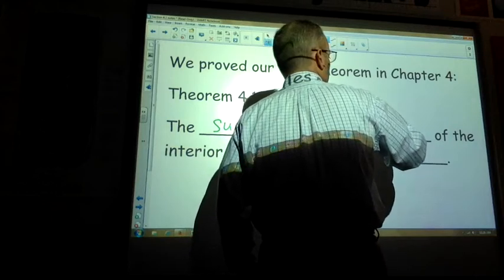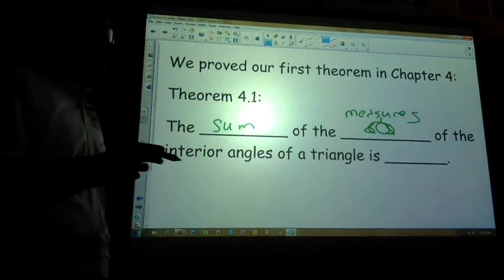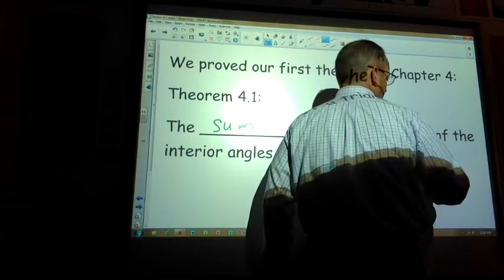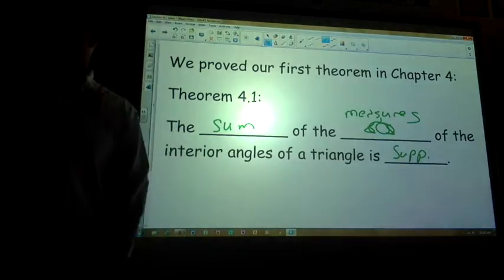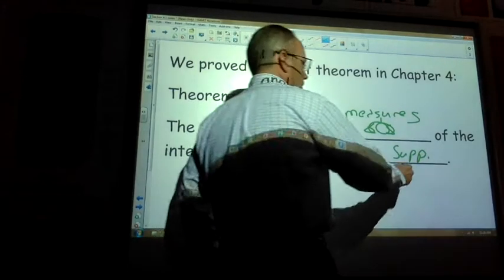Sum of the measures of the interior angles of a triangle is 180, or supplementary. Sum of the measures of the interior angles of a triangle is supplementary. Is 180. Anything like that.